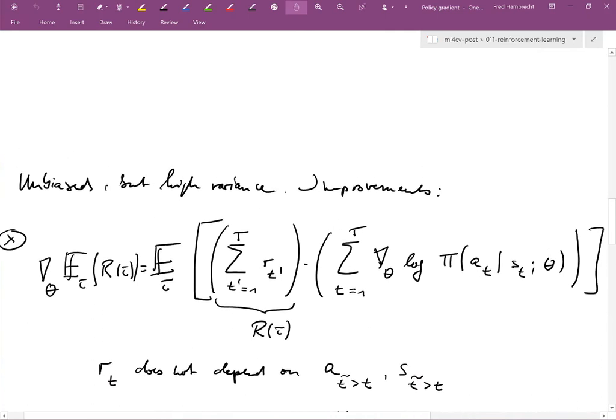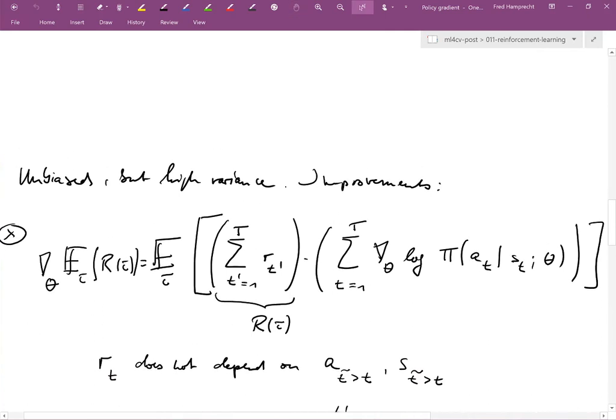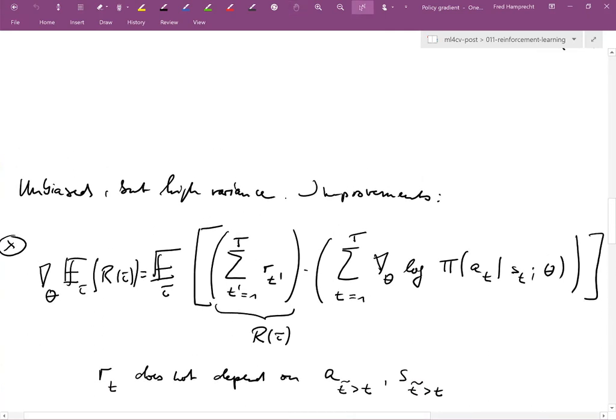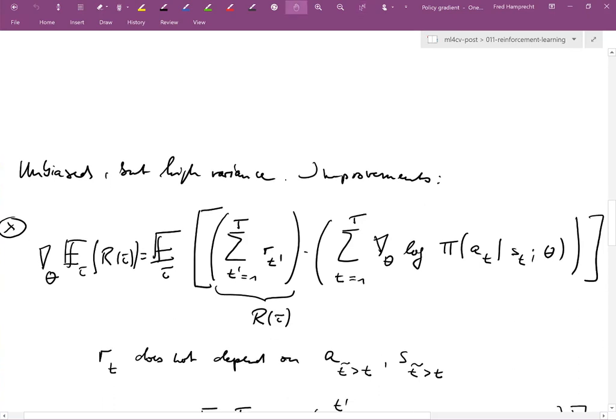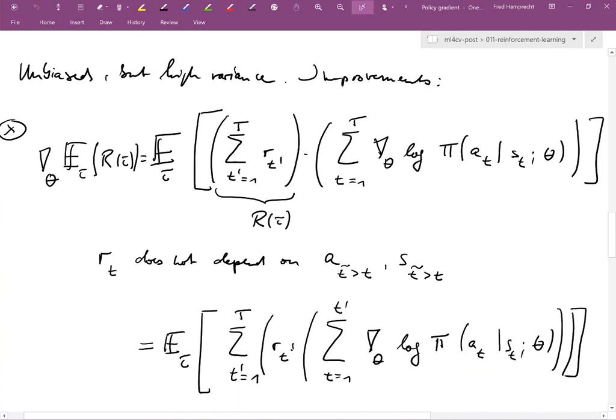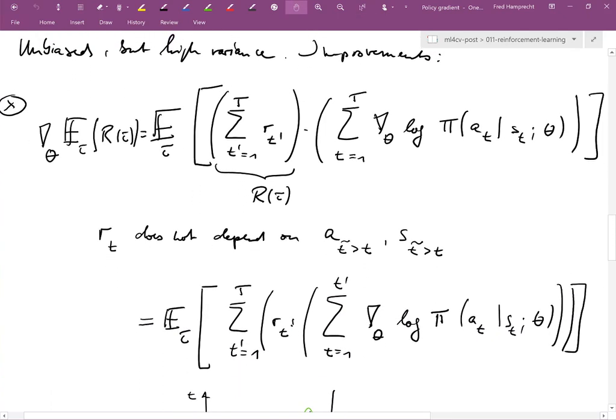And now there's one crucial observation, namely, let's say the reward at time step 10 will not depend on the action and on the state in step 20. Yeah? And so we can sum only over the terms that are truly relevant.